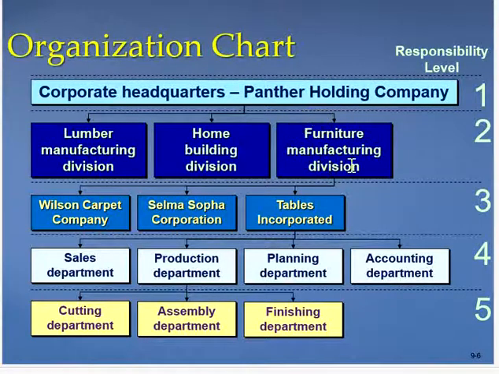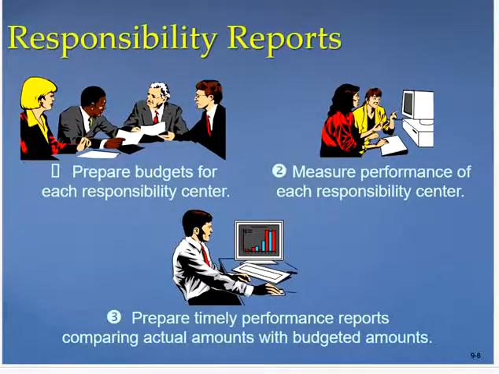We need to have a report about a manager, about what is happening overall in the company, what is happening here, or what is happening in this department. So any report which provides us this detail will be our responsibility report. So we prepare budgets for each of those responsibility centers, and then we have to measure their performance. Which items are under the manager's control, right?